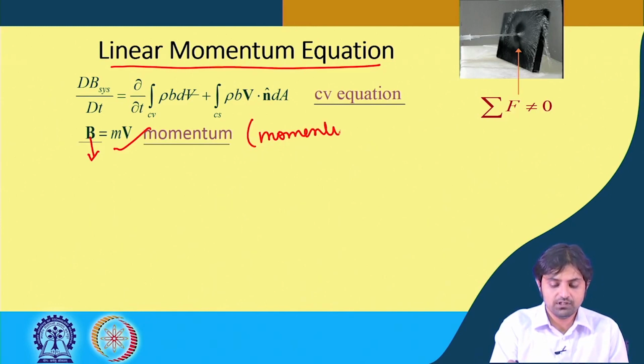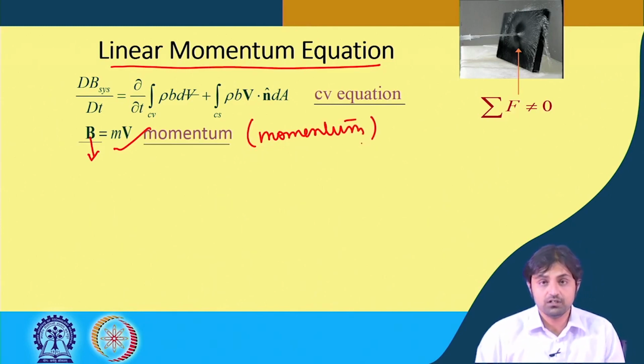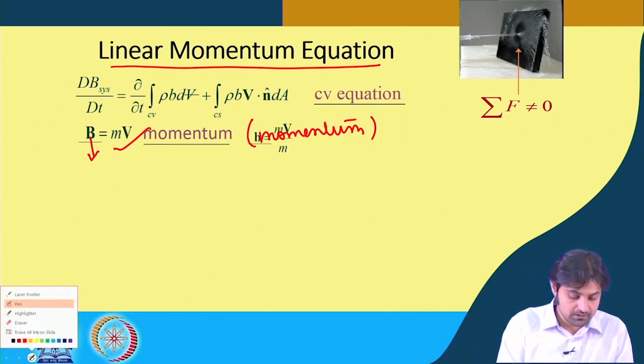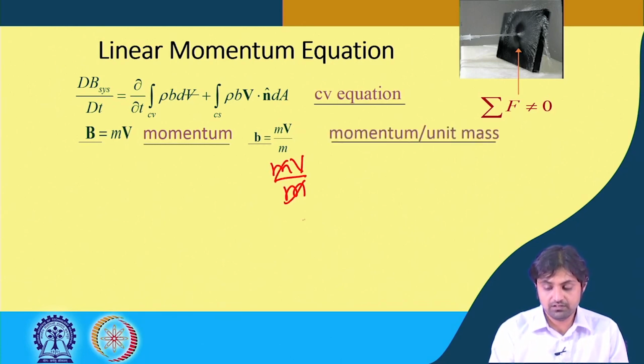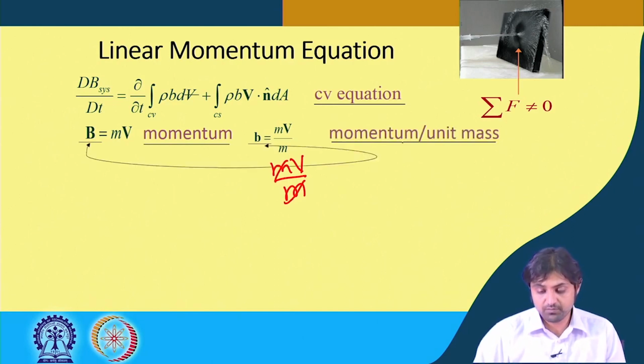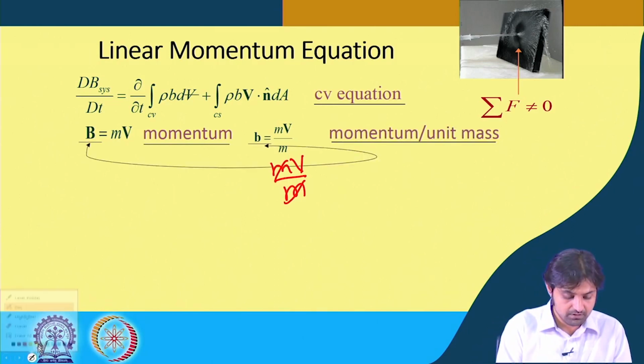This is a very normal term in fluid or any type of mechanics: mass into velocity is momentum. Small b by definition will be the property divided by mass, so it will be mv by m. This can get cancelled, so it is momentum per unit mass.